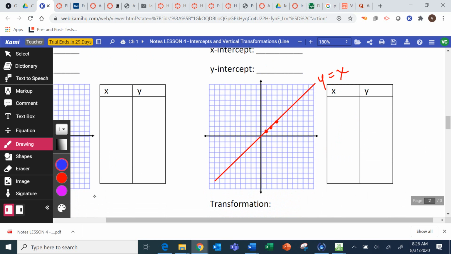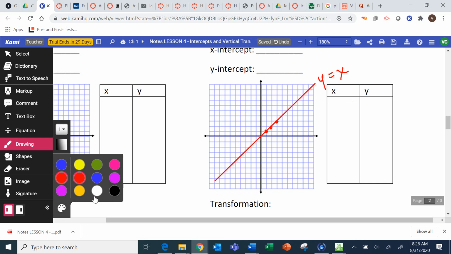What I'm going to do in my table is start out with -2, -1, 0. You know what? I'm going to rewrite that in red because that corresponds to the red line, not the blue line.